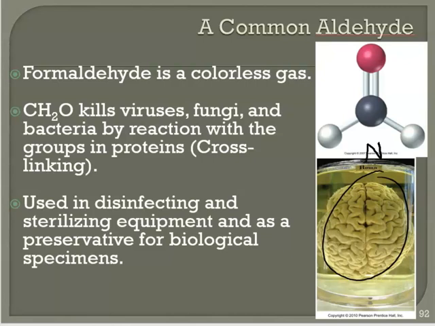If I have a nitrogen here, it can kind of pop this region off, and then we'll get that amide functional group. So it's called a crosslinker. It crosslinks proteins together, and then it makes it difficult for other things to break it down. That's why it stabilizes protein and tissue samples as well.